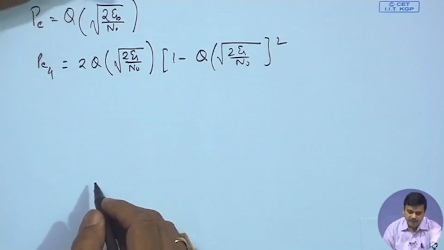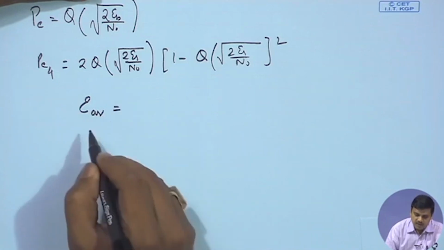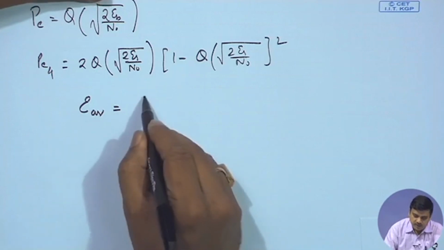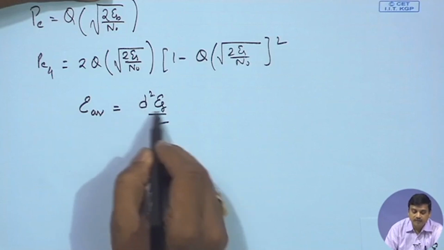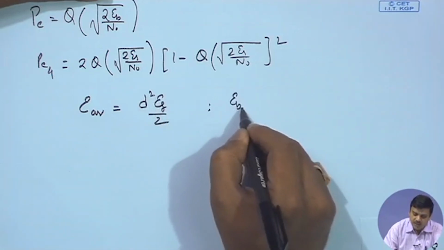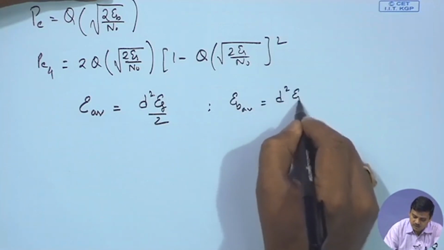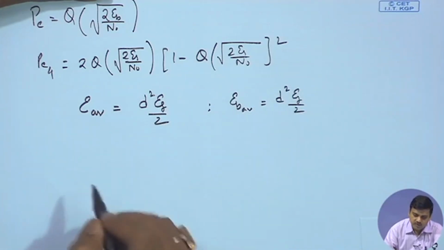What we will find is that the Eav, the average energy of the constellation for 2 constellation points, can be written in terms of d squared Eg upon 2, where d is the scale factor and Eg is the energy of the pulse, and Eb, that means the energy per bit on an average, is related to d squared Eg by 2. So, this is what we have used before. So, this is not new.